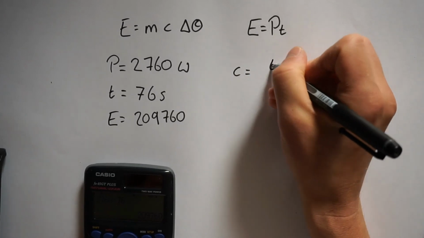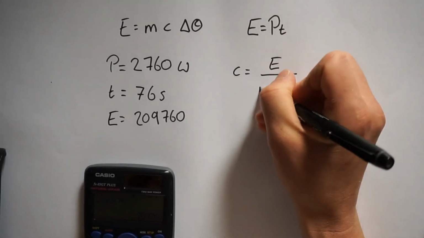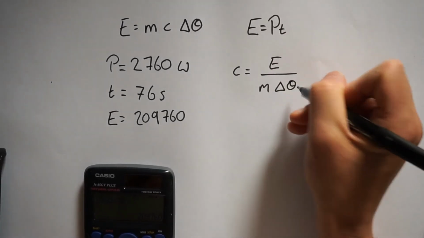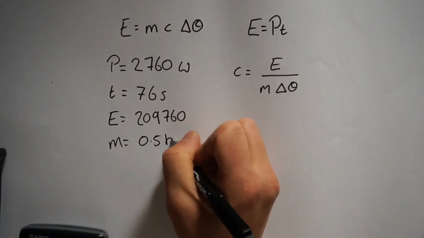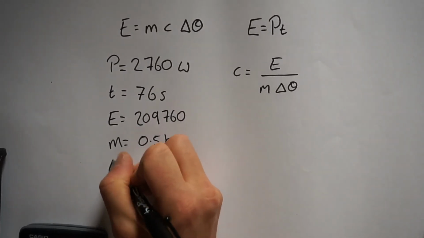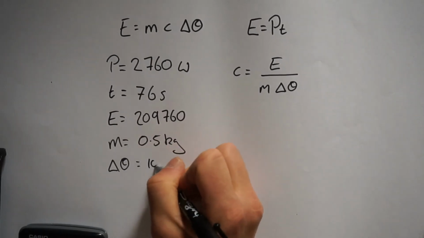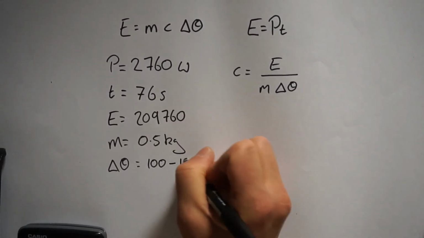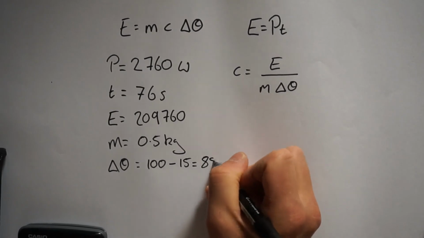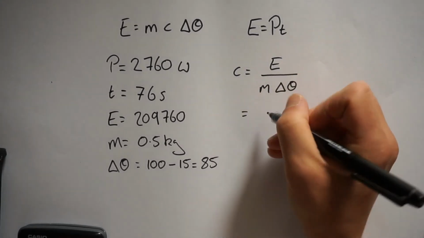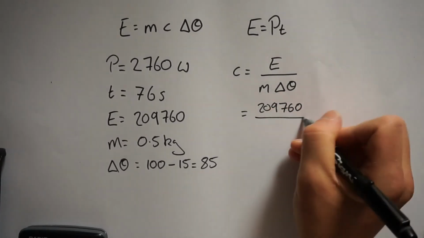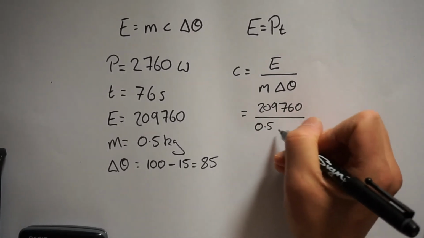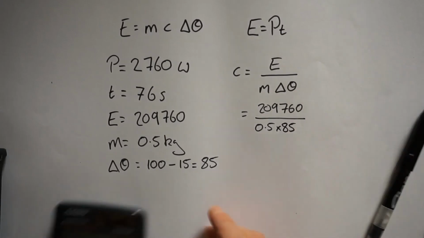Then I'm just going to rearrange this for c. So c is equal to the energy over the mass times the change in temperature. The mass that I used was 0.5 kilograms. And our change in temperature was, we got to 100 and we started at 15, so 85. So our energy was 209,760 over 0.5 times 85.